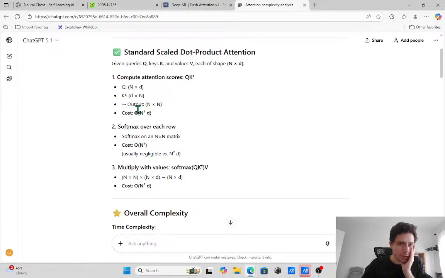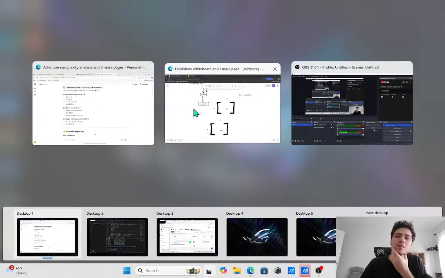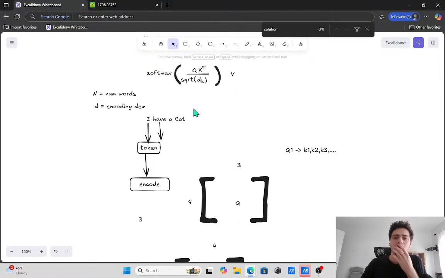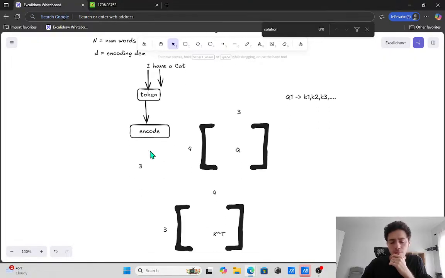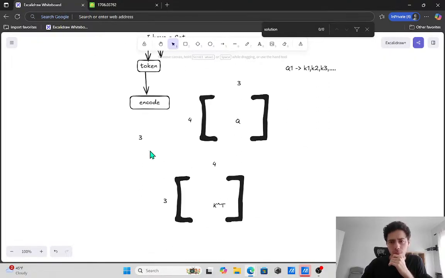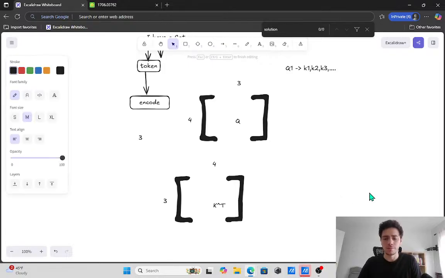I'm saying a dot product is n squared. I don't know why I thought it was a lot faster. So this is O of n squared.